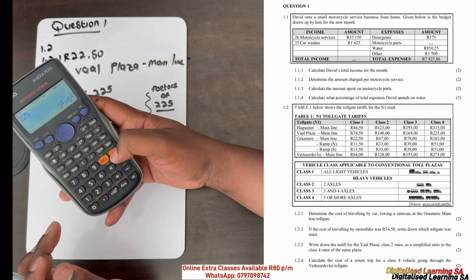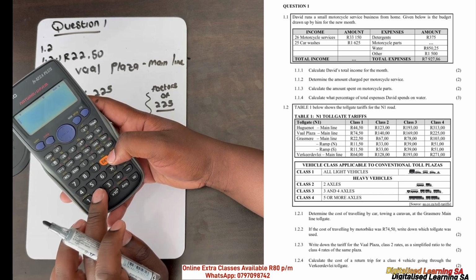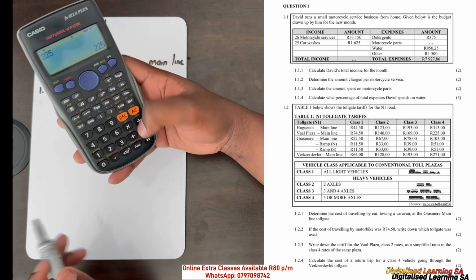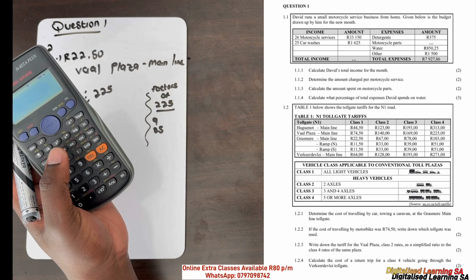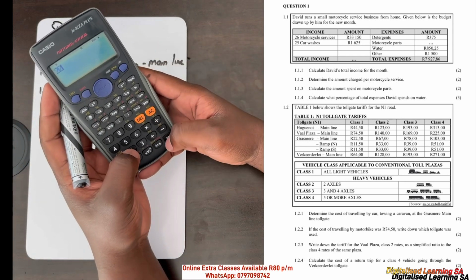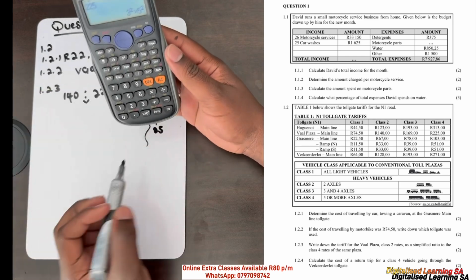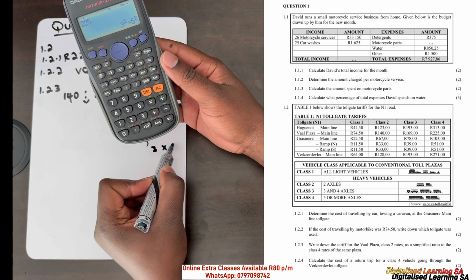And again, to get the factors easily, we can see that 225 equals, we are also given 3 multiplied by 5.